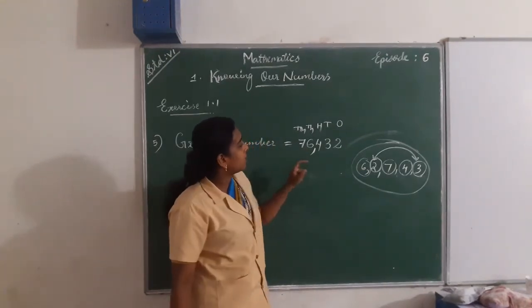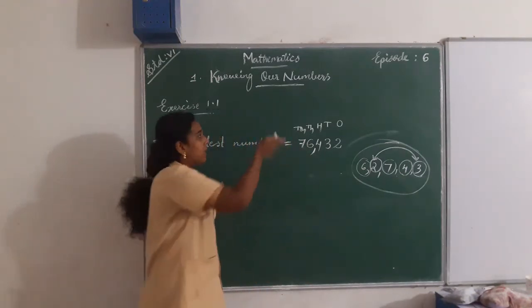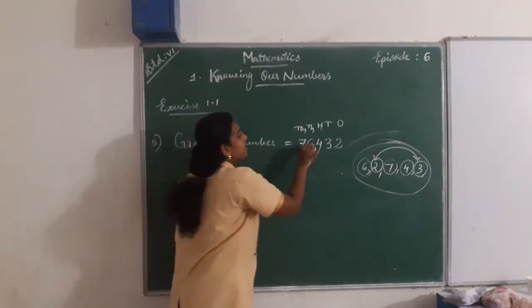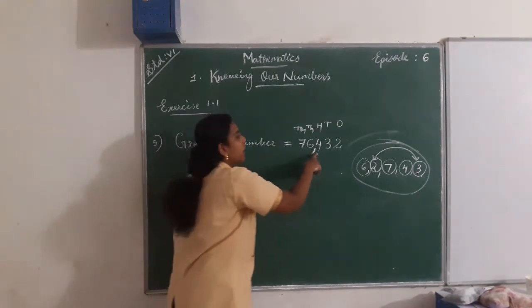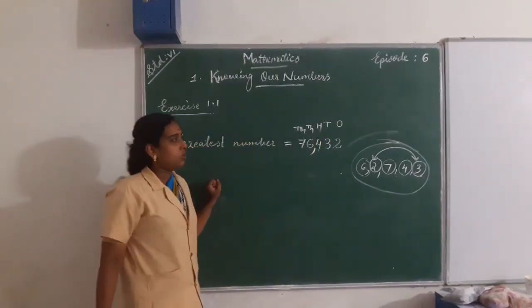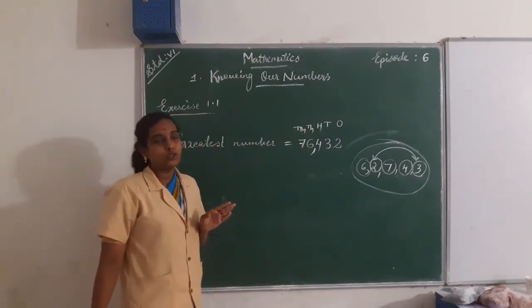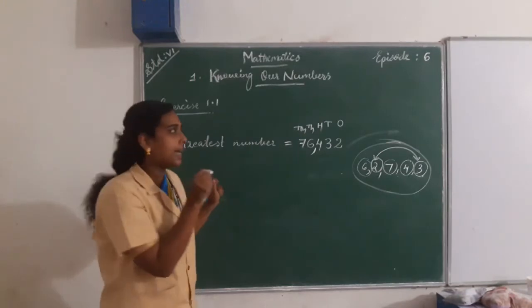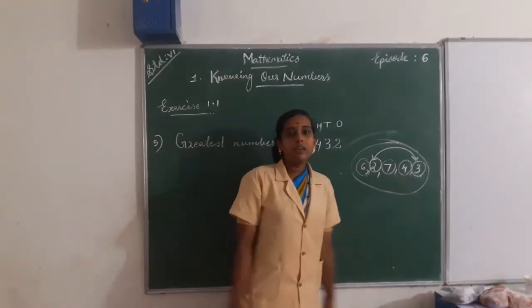So we read this number as how many thousands? 7 and 6 together, 76 thousand, so 76,432. 76,432 is the greatest number that we can write using these 5 digits.